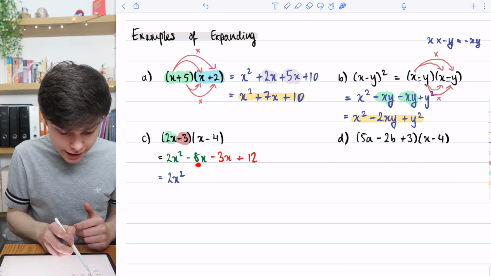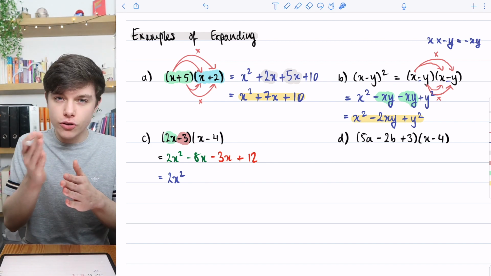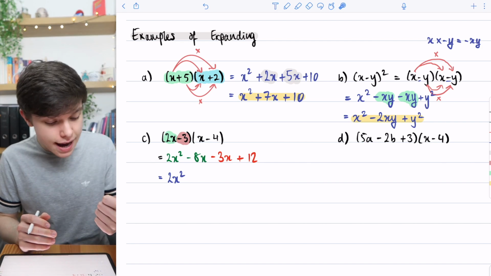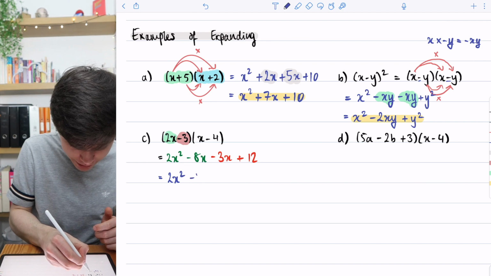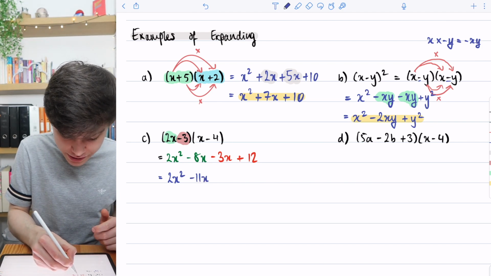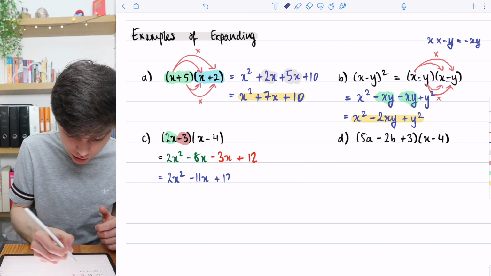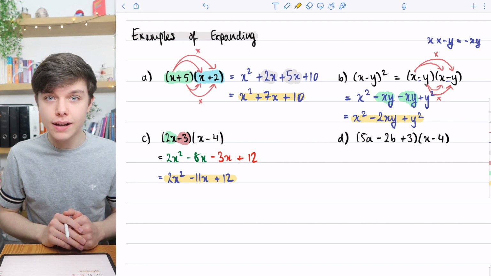And then I've got minus 8x minus another 3. Remember, that's going to go further down the negative, so we're going to have minus 8, then minus 9, minus 10, minus 11. So we'll have minus 11x, and then we've just got this constant on the end, just this number that we're adding. So we'll add on 12, and that will be our final answer.